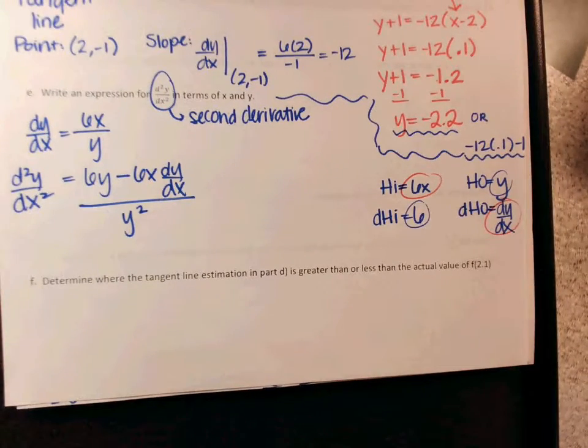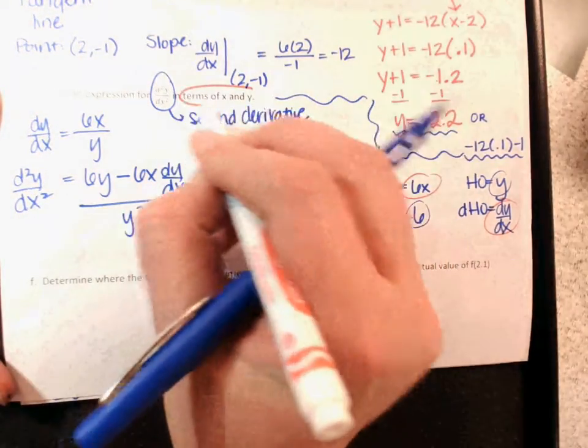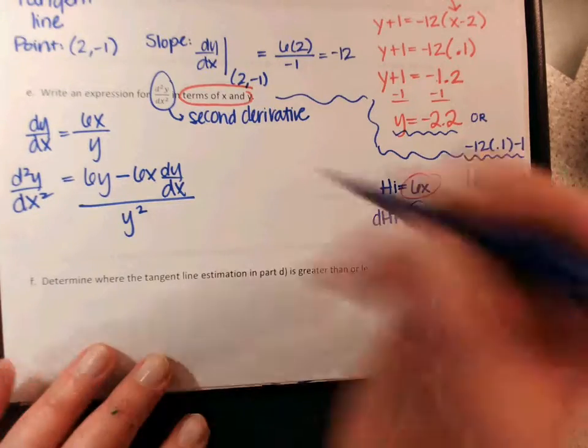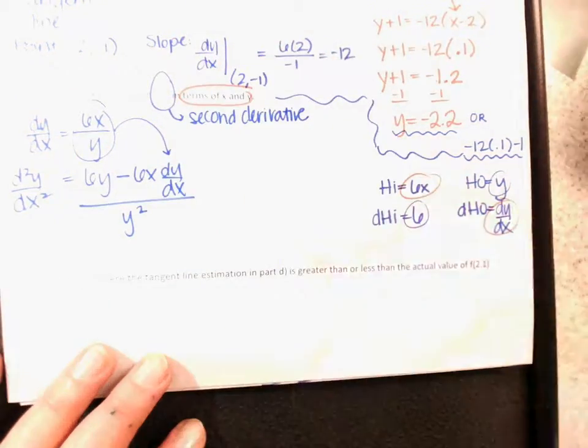Now, read the instructions again and tell me what's wrong with our answer. We would not get full credit for this answer because of a detail that's in the instructions: in terms of x and y. That means that the only letters allowed in your answer are x's and y's. Is dy/dx allowed? No. So to fix it, you would just plug that in.